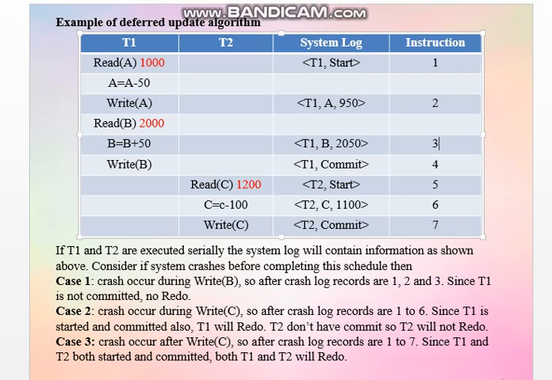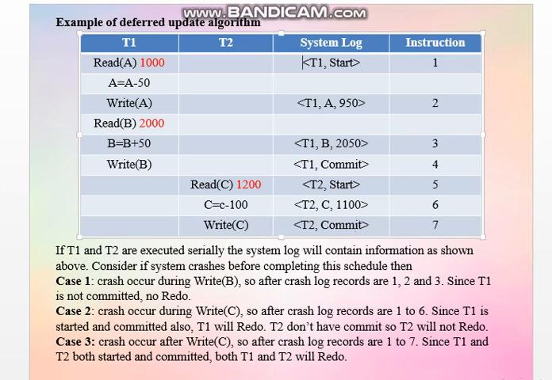Consider case number 2: crash occurs during the write C. When the transaction is executing the write C operation, after the crash, the log file will contain the entries of instructions number 1 to 6. Since T1 is started and committed, T1 will be redone. T2 does not have a commit, so for T2 we need not do an undo operation.